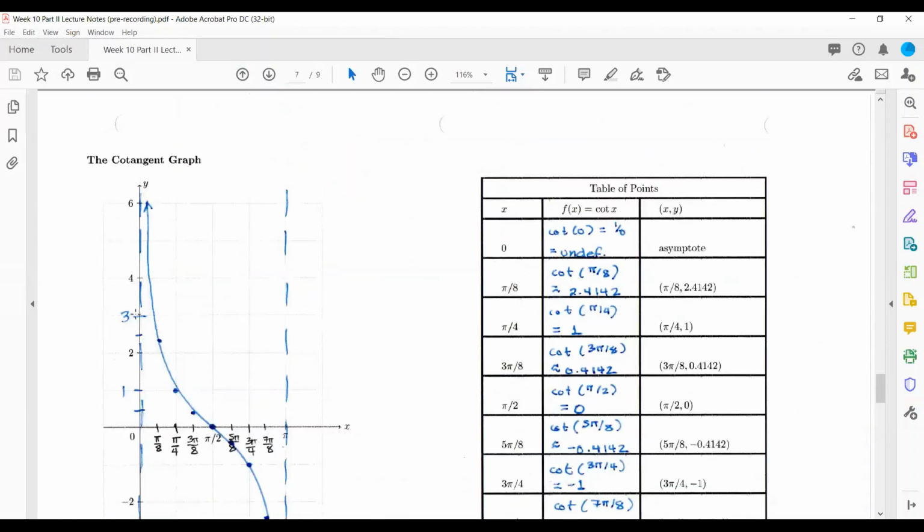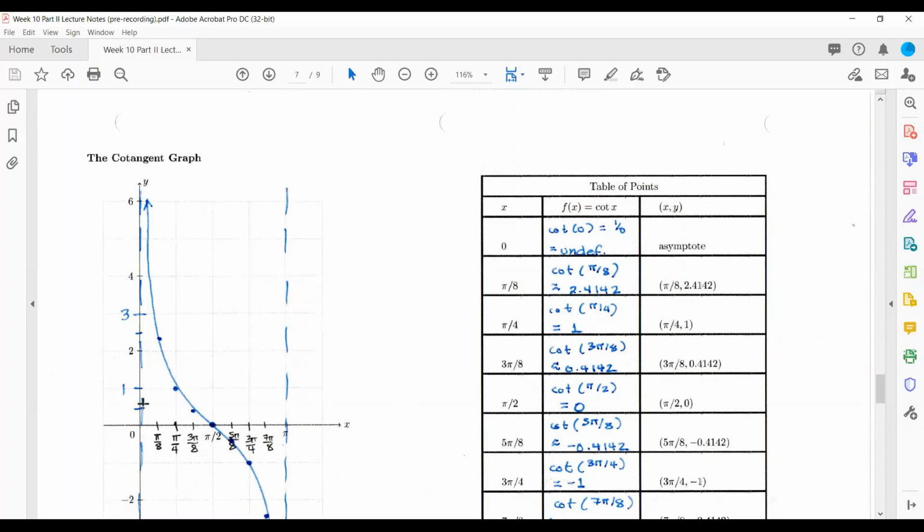The first asymptote for that one is at 0. So technically, if we had, say, 1/2 cotangent of 1/2 x, because the asymptote happens at 0, we would just want 1/2 x to be equal to 0, which would still give us x equals 0. So it would still have the first asymptote at the same place where the original cotangent graph has it. But for tan, that is not the case. For tan, it begins at a place other than 0, and so we have to be careful about how we find the first x value in that case. Okay, thanks.